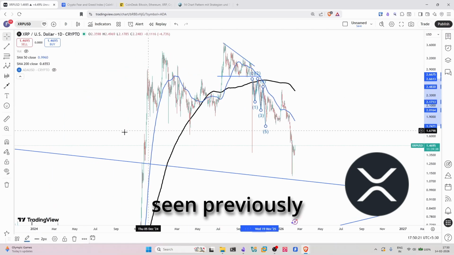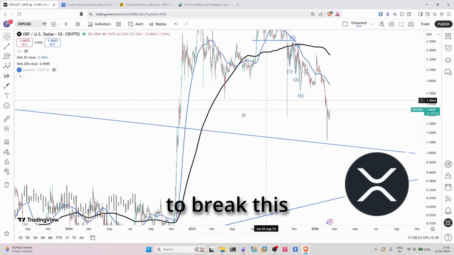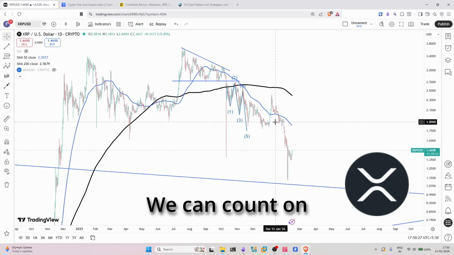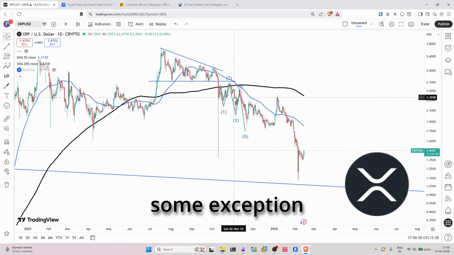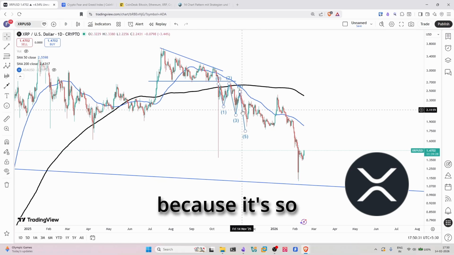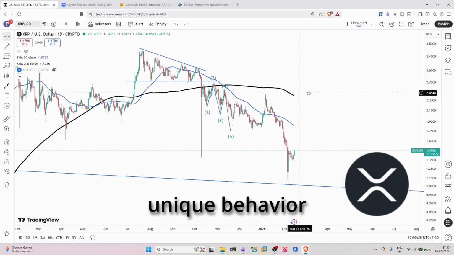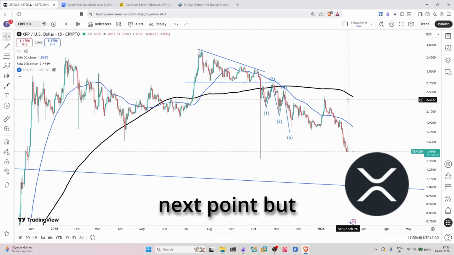But XRP has been seen previously to break these Elliott wave theories, so we can count on this, but there is some exception in XRP charts because of its unique behavior. I will explore the unique behavior of XRP in the next point.